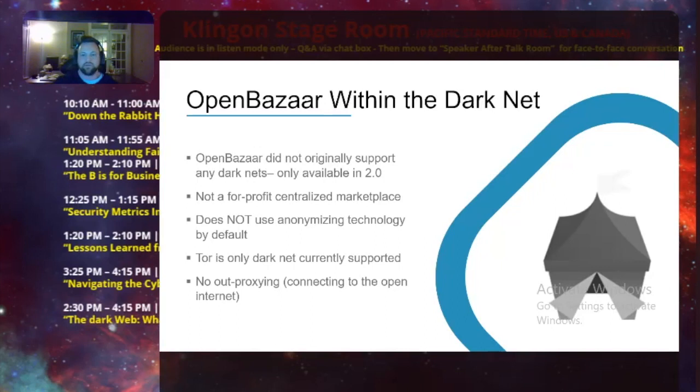OpenBazaar is different because anyone using OpenBazaar for illicit commerce is going to need to run that software on their own computer or some virtual VPS system that they're renting, and they're going to start carrying more of that risk because it's easier to expose them. You have to configure more things. You have to make sure that all of your ducks are in a row.